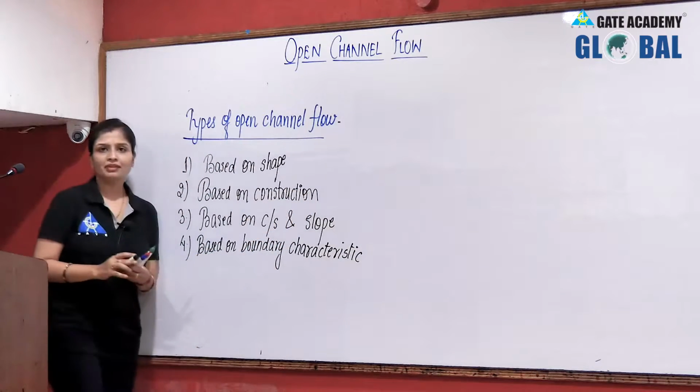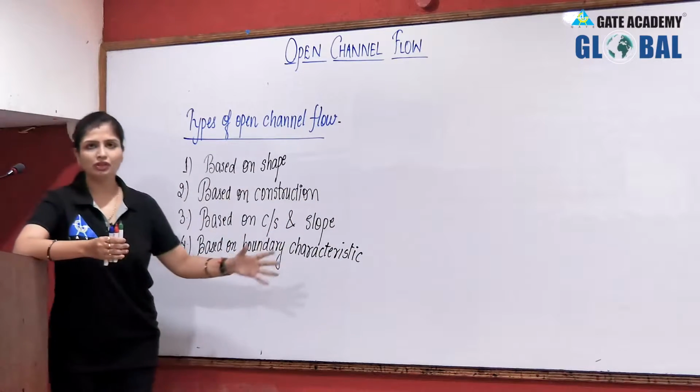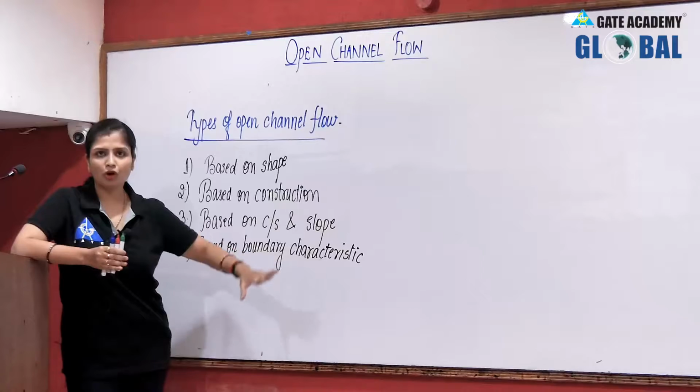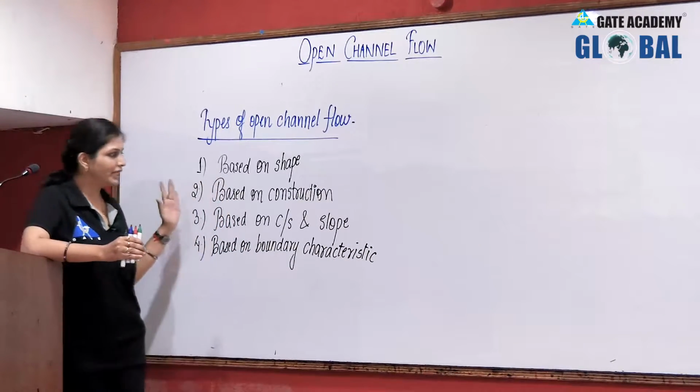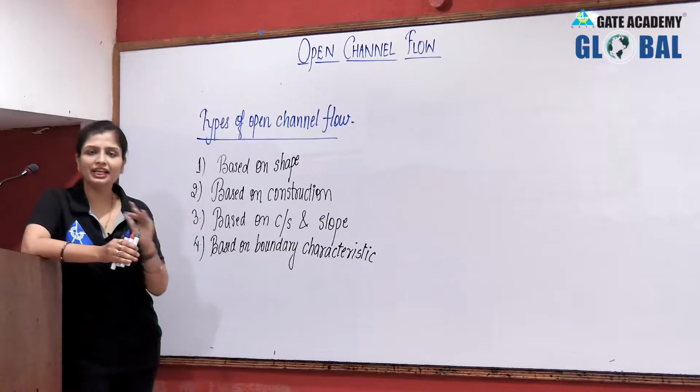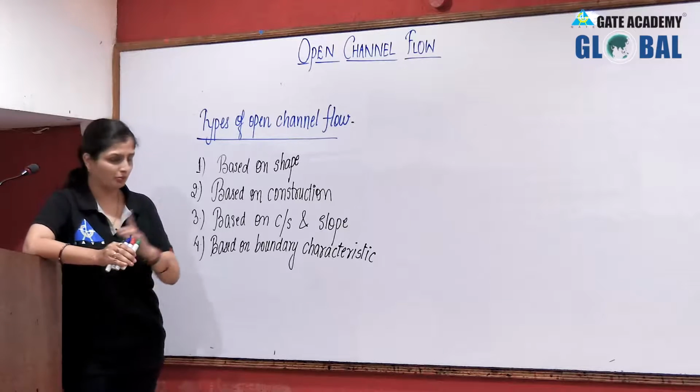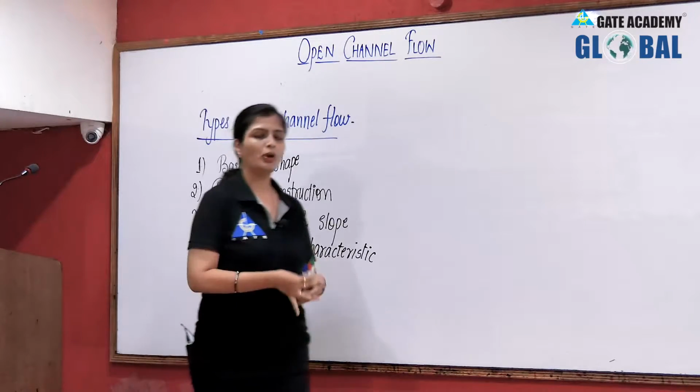So basically, as I have written all the 4, in these 4 broad types, we'll classify the various open channel flow. So we'll be dealing with it one by one.